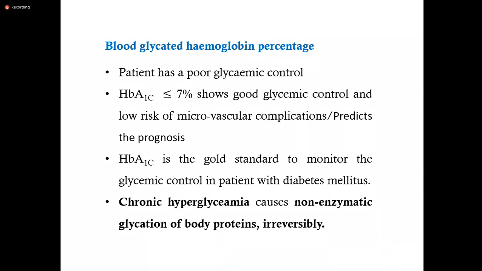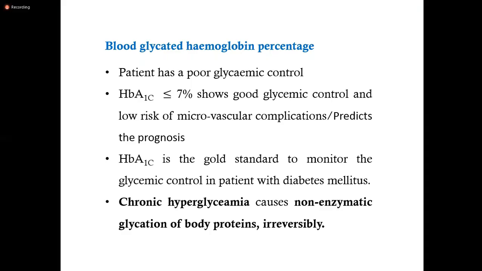So when we do the test, we have to break the red blood cells and take the hemoglobin out, and that is how the technique is. So it is blood glycated hemoglobin.